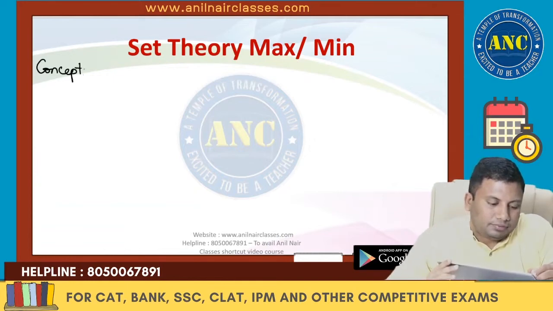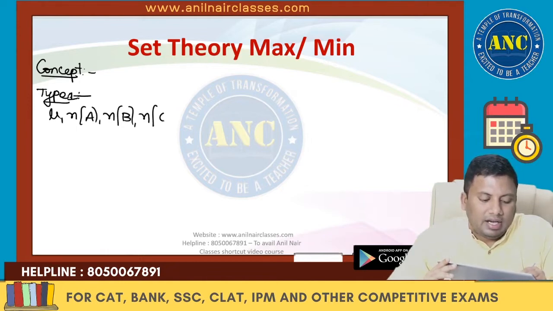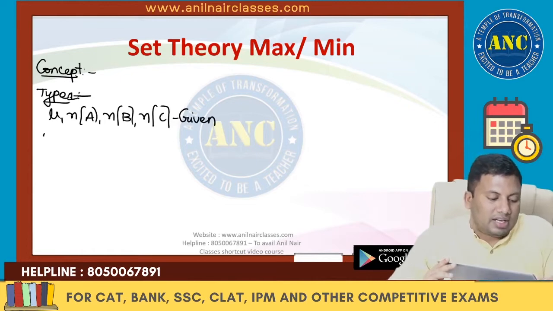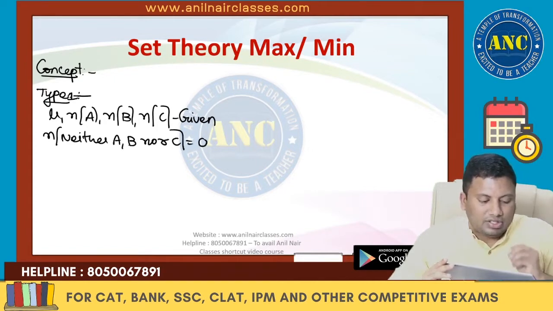Concept for type 1. Mu is given, n of A is given, n of B is given, n of C is given. All these are given. N of neither A, B nor C is given as 0.